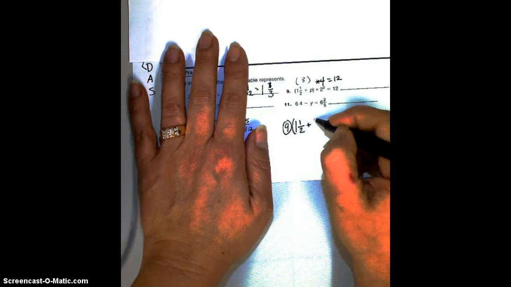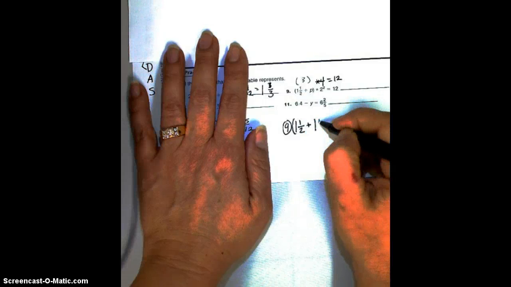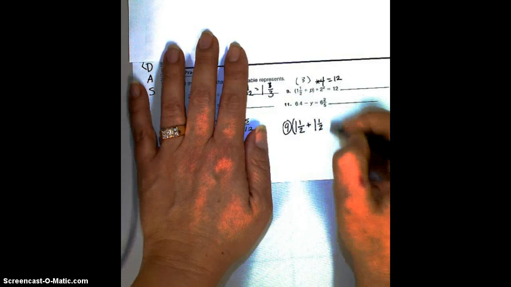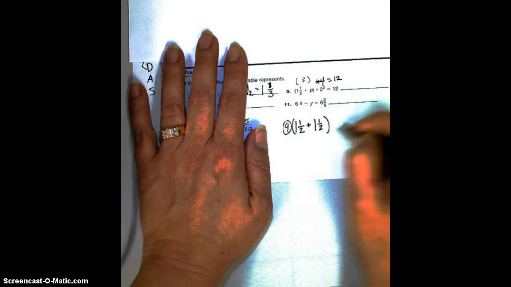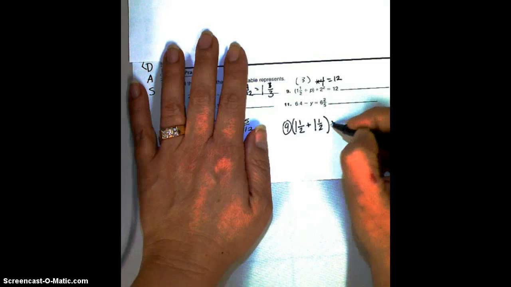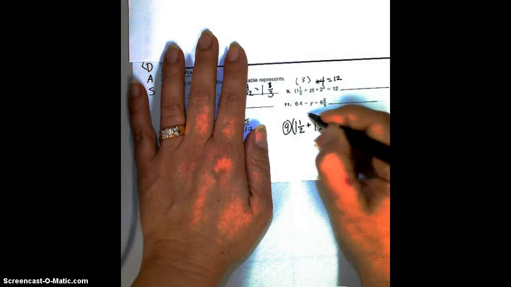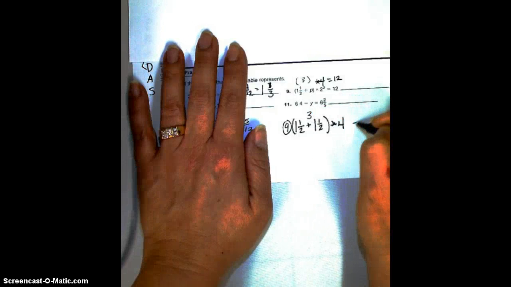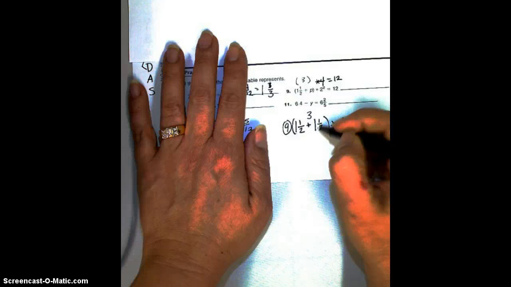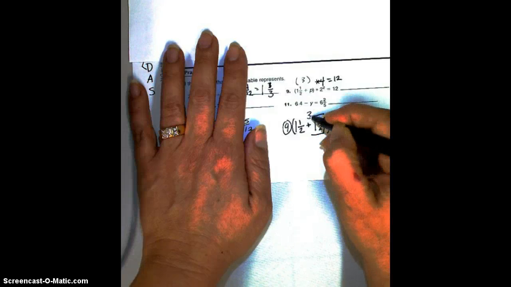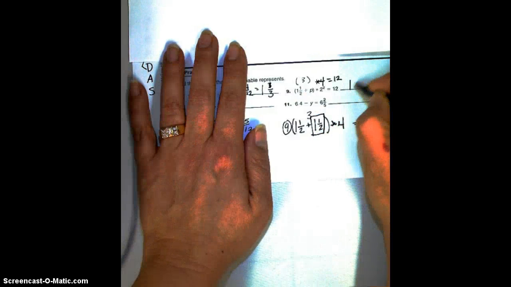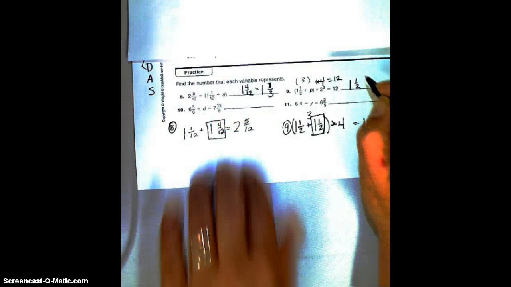Well, 1 1/2, like $1.50, plus another 1 1/2, or another $1.50 will equal 3. And then if I multiply that times 4, so this total would be 3, 3 times 4 would equal 12. So my P, or my variable here, must be 1 1/2.